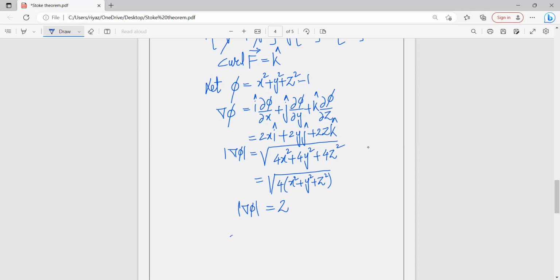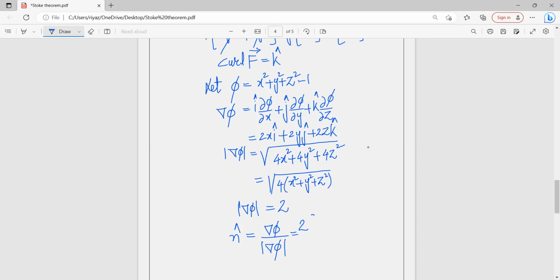Now n cap is equal to del phi by magnitude of del phi. This is equal to del phi value. We can take 2 common also.